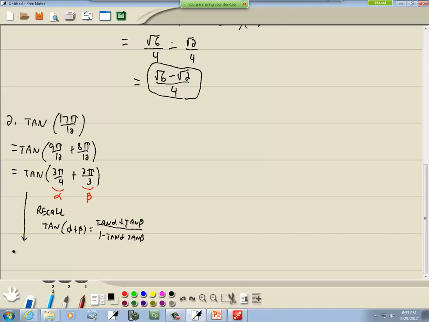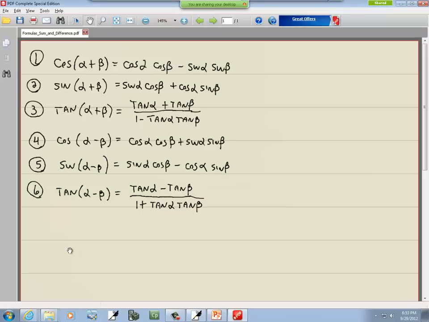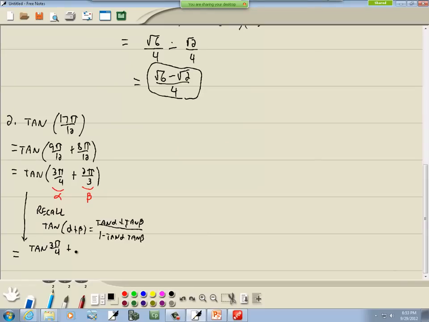So this part becomes tangent alpha, so tangent of 3 pi over 4, plus tangent beta, so tangent 2 pi over 3, over 1 minus tangent alpha.